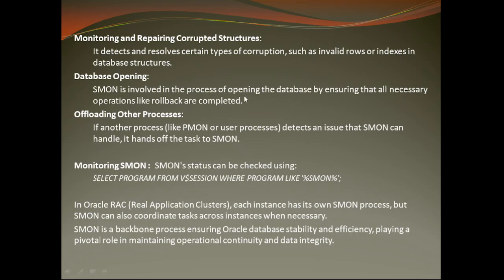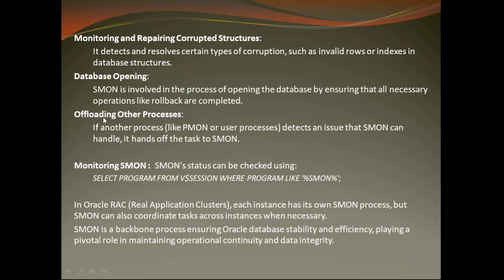SMON is involved in the process of opening the database by ensuring that all necessary operations like rollback are completed. We know that in case of recovery it is required. In case of rollback as well, if we roll back to the last committed transaction or to some point, it is required at that time as well.